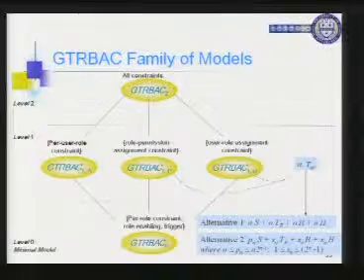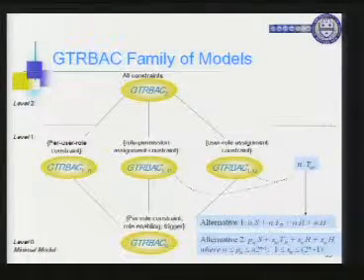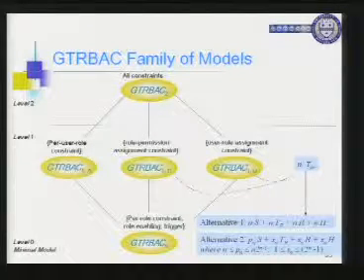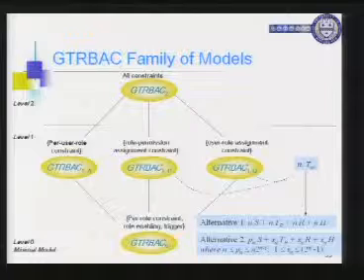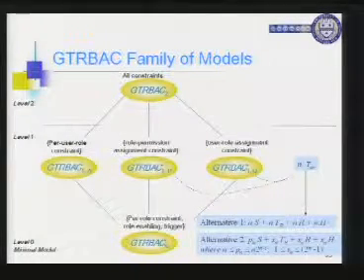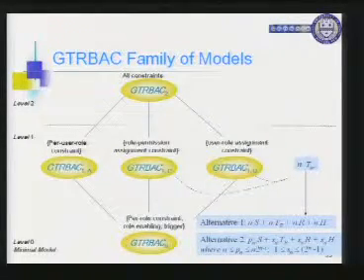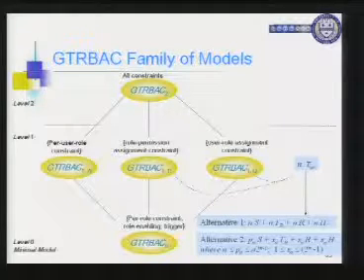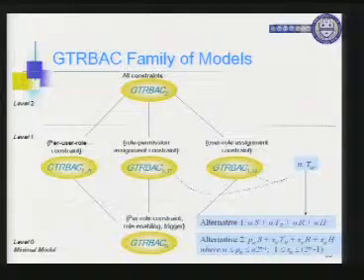And by using this notion, we have created this family of A equivalent models where GTRBAC 2 represents the basic, the complete set of constraints that we can specify. And at level 1, we remove one particular type of constraint. And level 0 is basically where we have constraints only on role enabling.